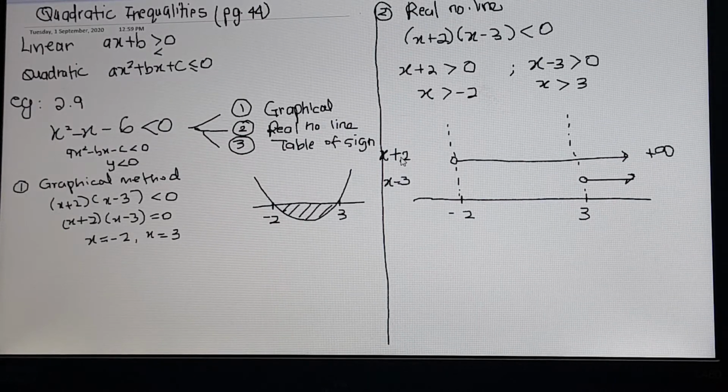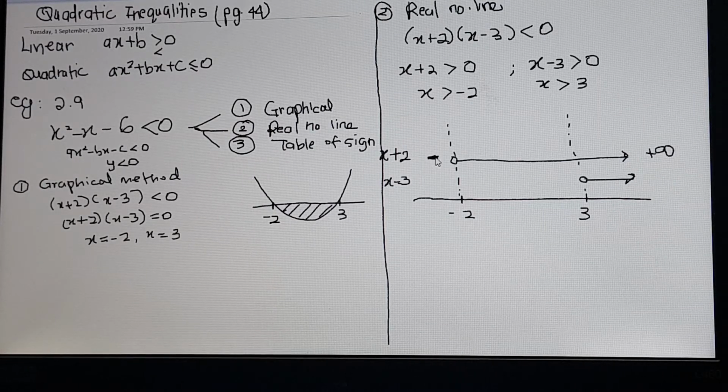Does the line x plus 2 cross this area? No. If it does not, then you just put a negative sign here. Next, does the line x plus 2 cross the second area?